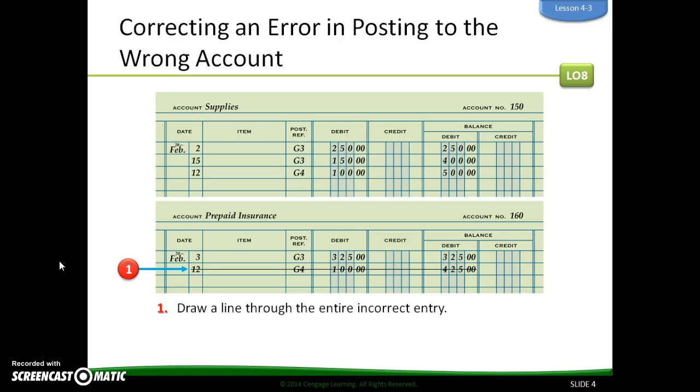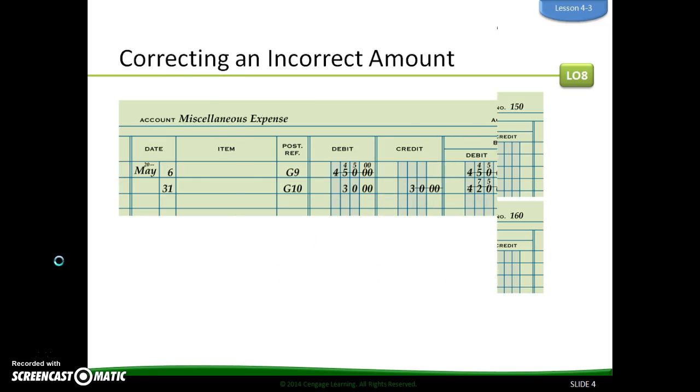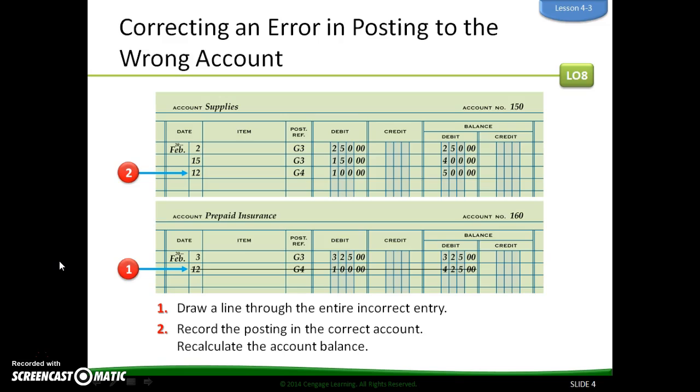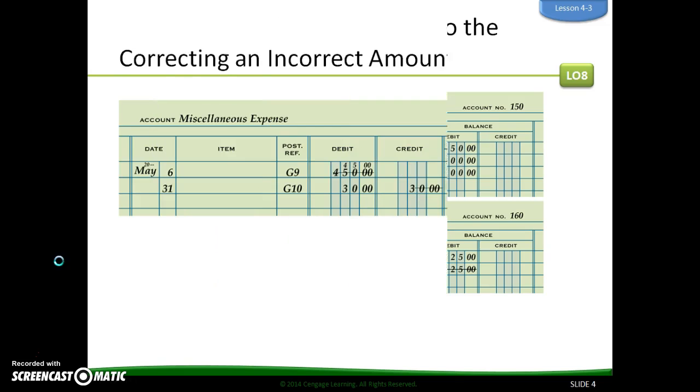So we drew a line through the $100 where we posted it to prepaid insurance, and then we're going to record the posting in the correct account and recalculate the account balance. So you can see we essentially drew a line through prepaid insurance, and we went ahead and put the amount in our supplies as opposed to prepaid insurance. So we've now corrected an error that was posted in the wrong general ledger account.